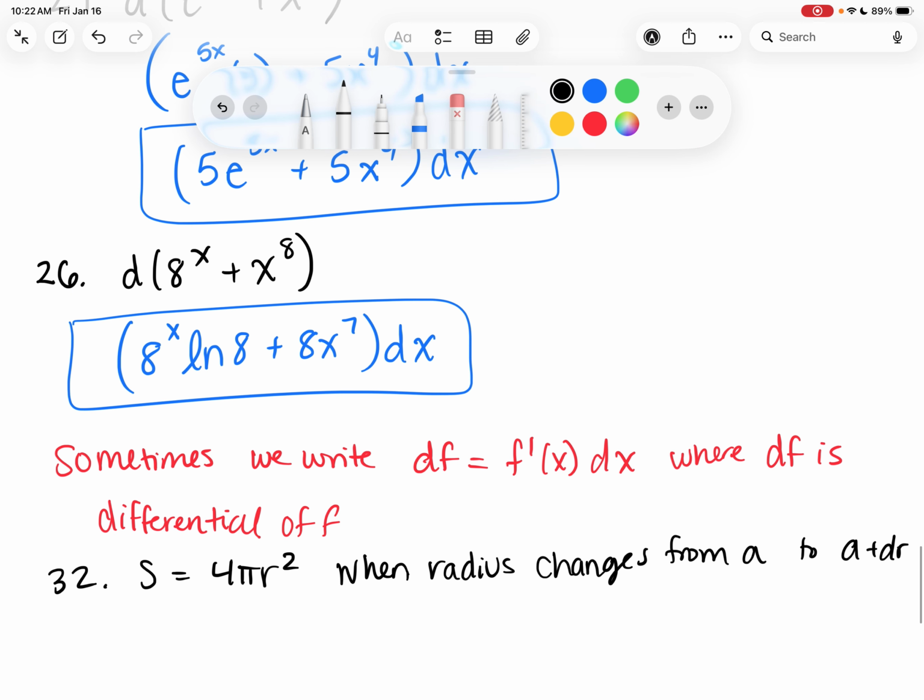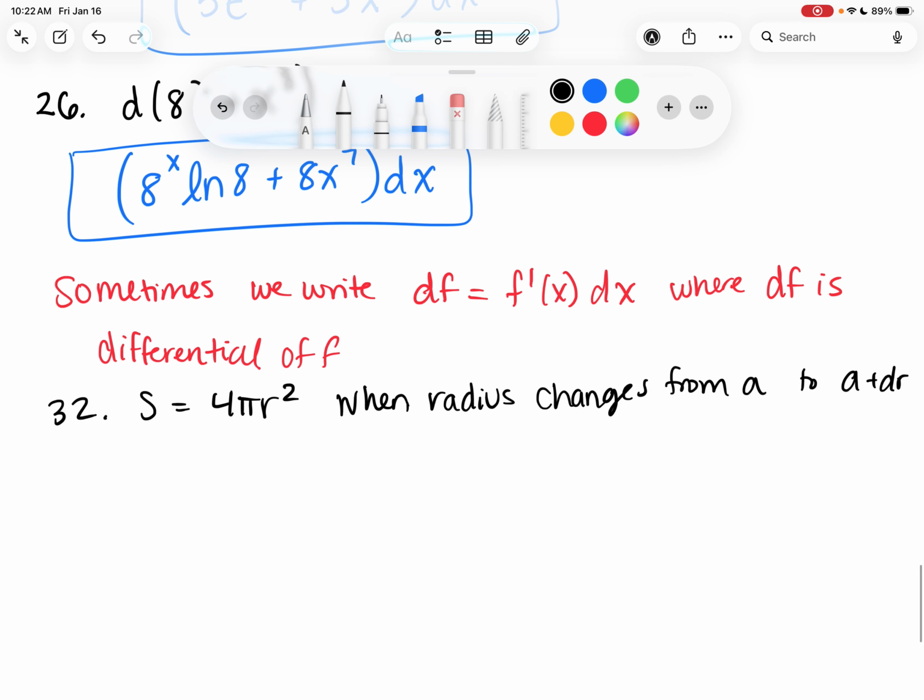Kind of the way we ended up with these ones yesterday, where I was taking the derivative and then I was writing the dx for the differential, because that's where the difference from the 10 to the 10.05 centimeters from the instructions is going to be going in. So derivative of this would be ds is equal to 8 pi r dr.